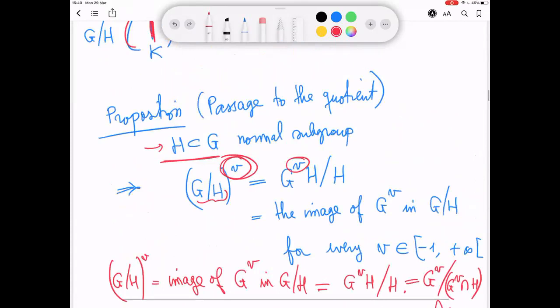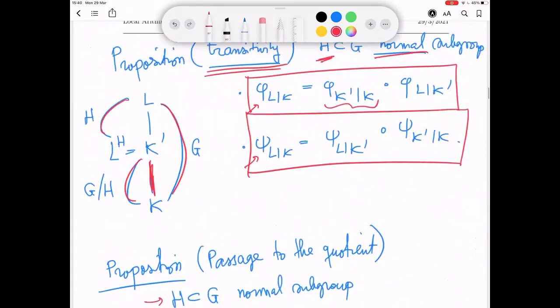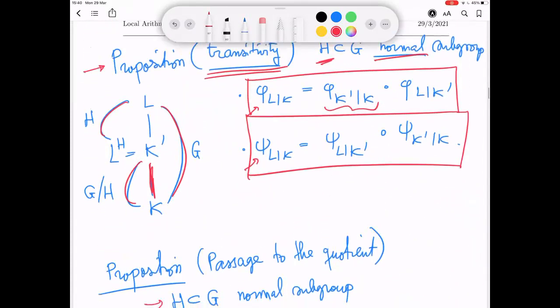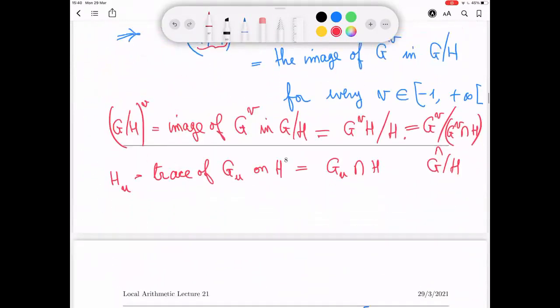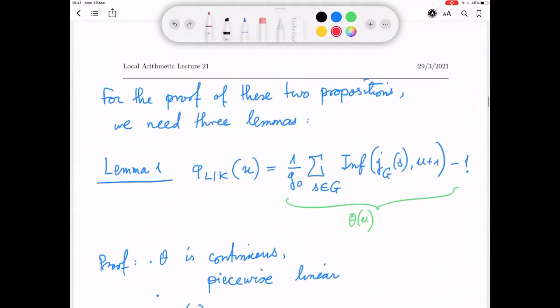Okay, so we have these two propositions: the transitivity of these functions phi and psi, and the passage to the quotient. We'll come back to these and prove them, but in order to prove them, we need three lemmas.